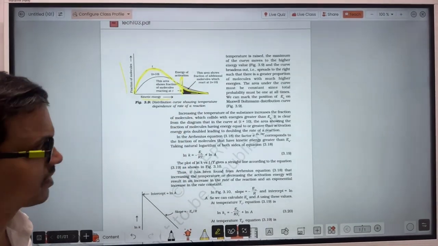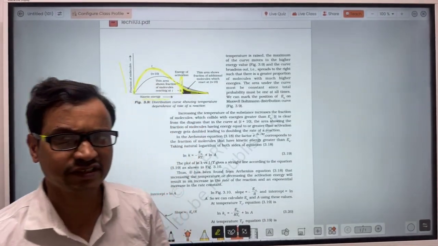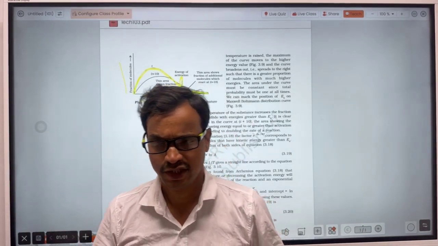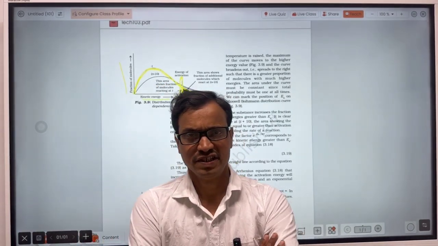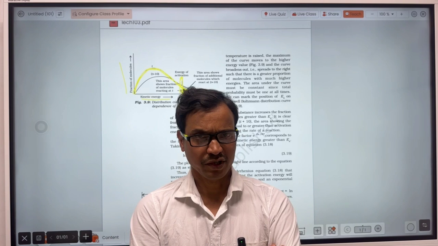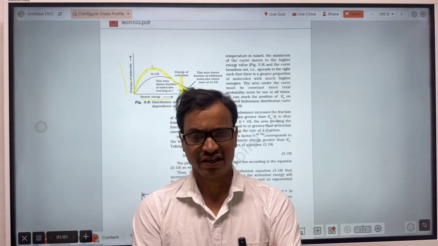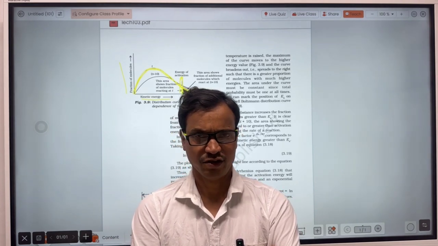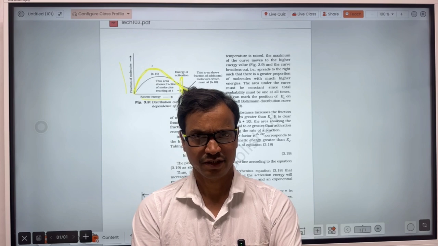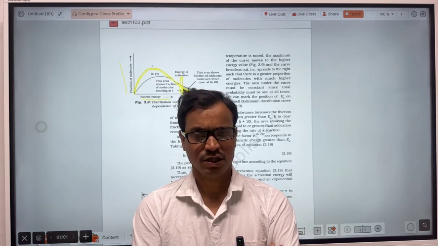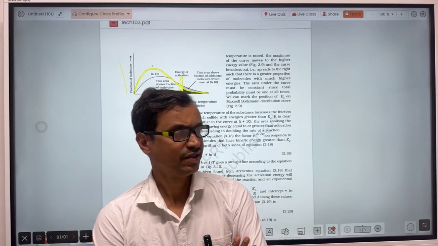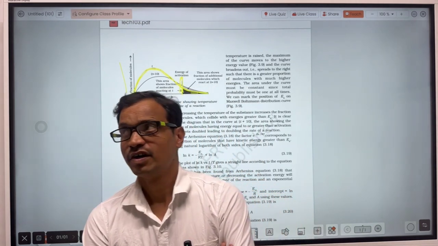On increasing the temperature, the number of molecules having energy greater than or equal to activation energy becomes more. That's why on increasing the temperature, the rate of reaction increases.